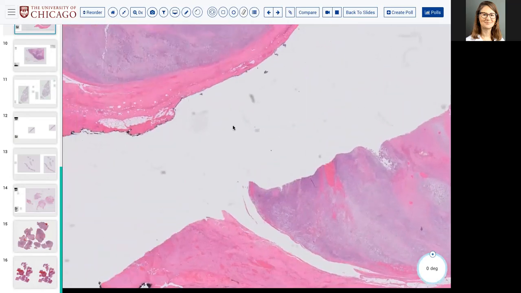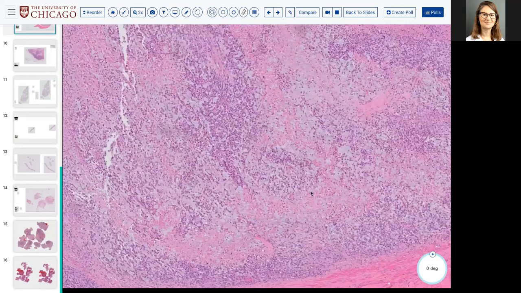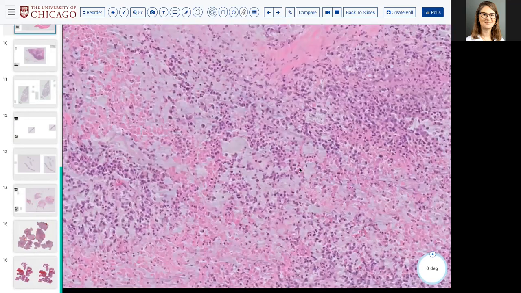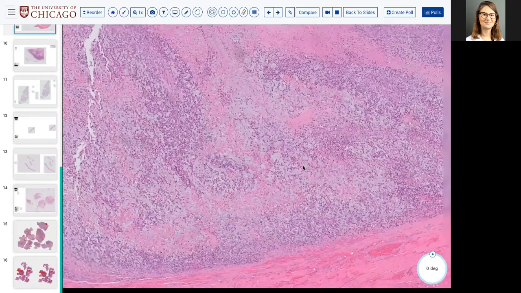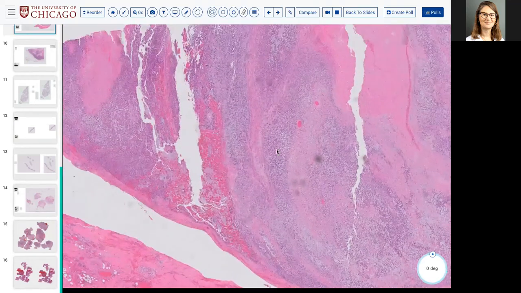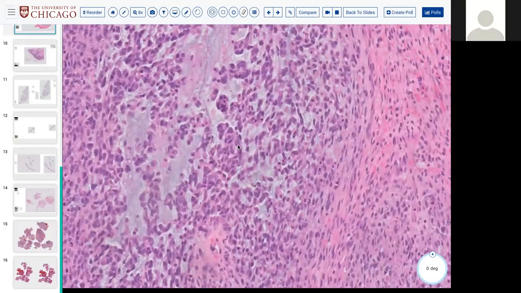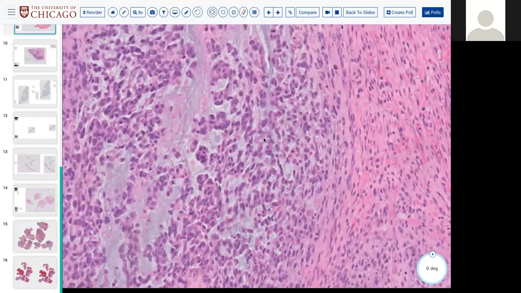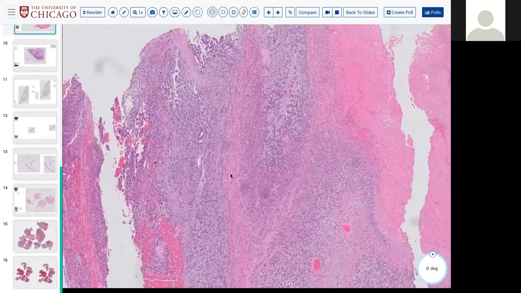All right, so what does this myxoid imply to you, and how does your differential diagnosis change? Plasmacytoid, definitely. Something about this made me think of myoepithelioid carcinoma because of the myxoid.